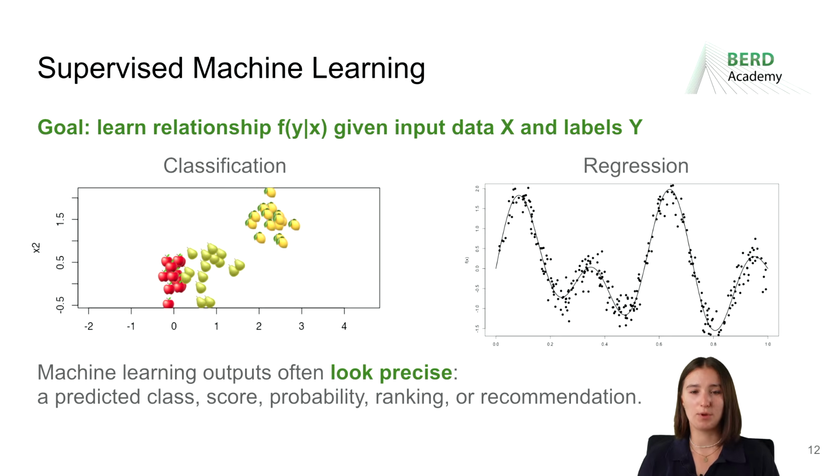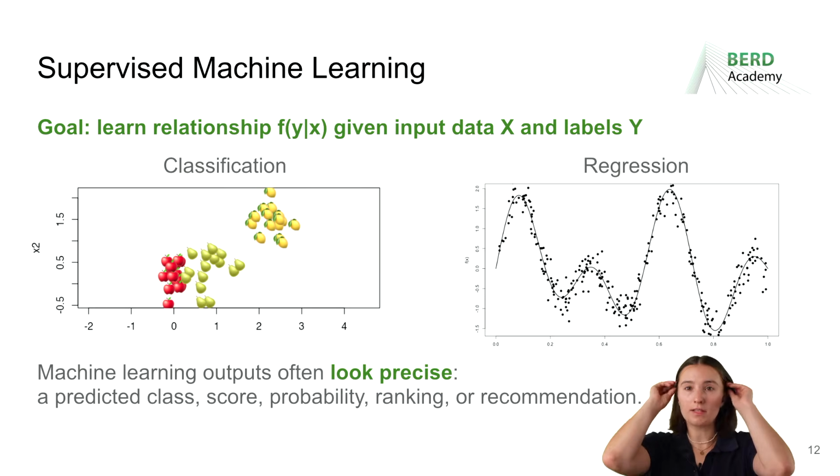Here in this example, we have apples, pears, and lemons. Or in a regression example, we want to predict or learn numerical values given some input data X. And our input data X can be basically anything: tabular values, images, text. Basically, we can represent anything here.